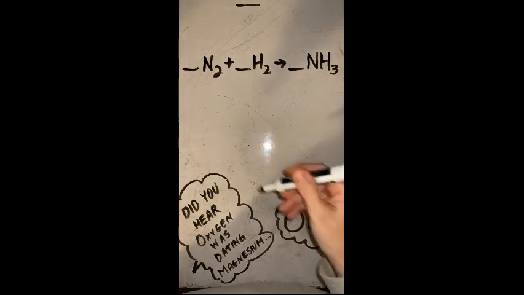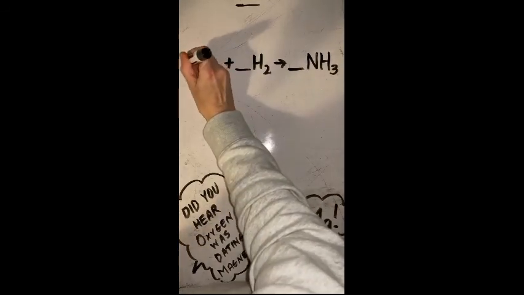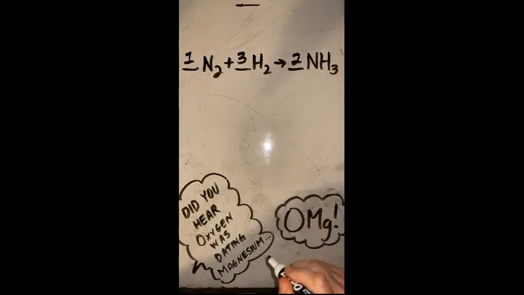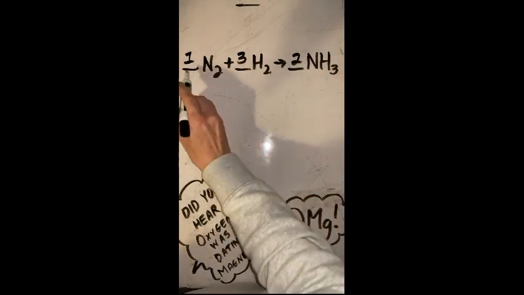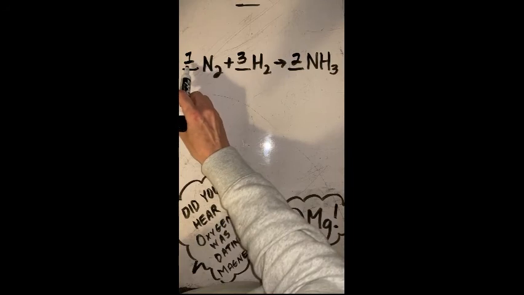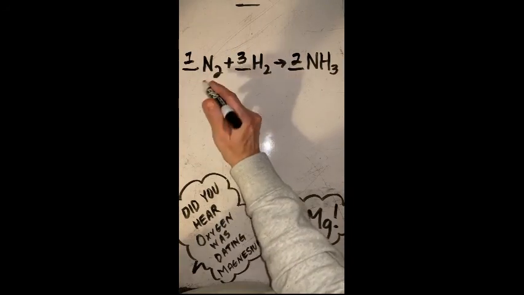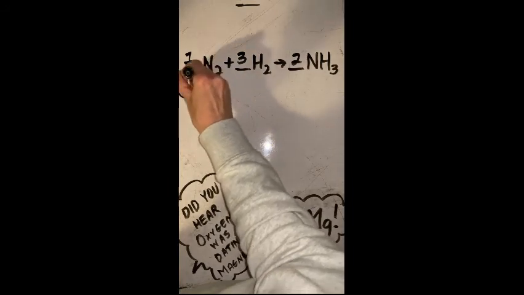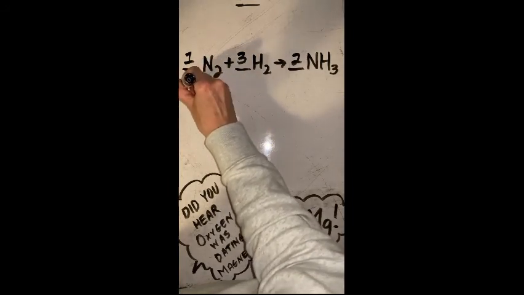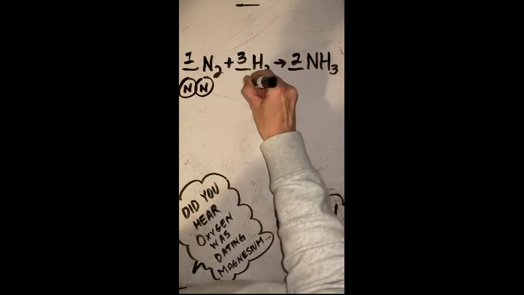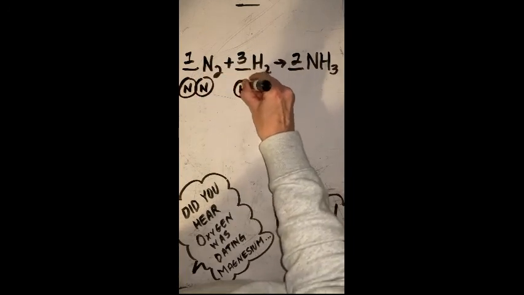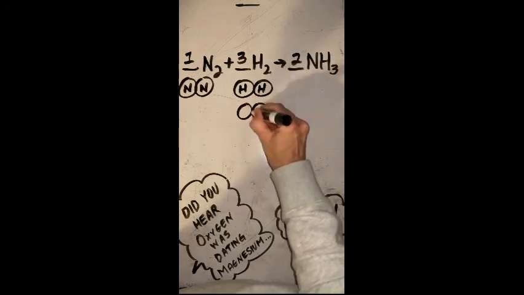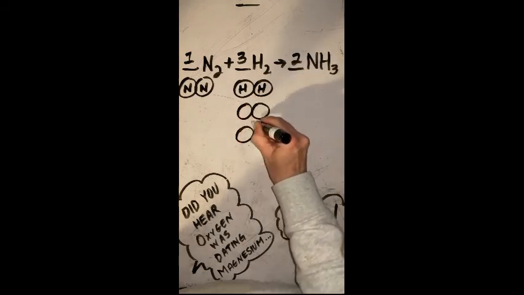Let's look at that reaction again, but this time the coefficients are going to be 1, 3, 2. So let's go ahead and draw our particle pictures. We have 1 mole of nitrogen reacting with 3 moles of hydrogen, and we represent that by drawing 1 set of nitrogen and 3 sets of hydrogen. 1, 2, 3.